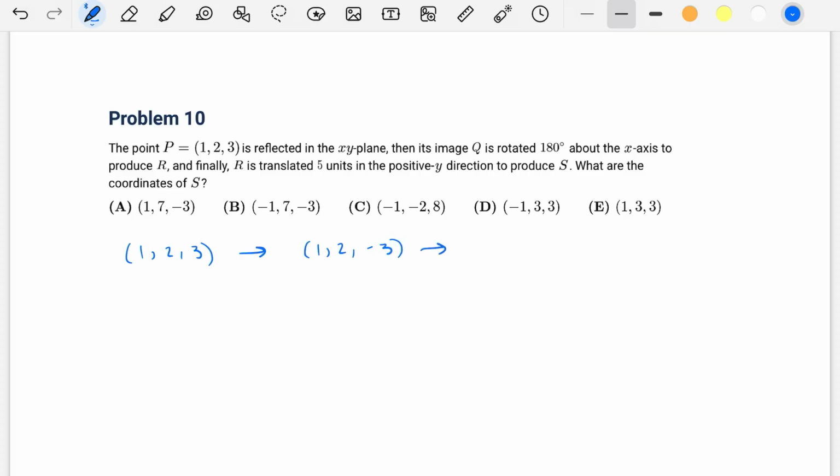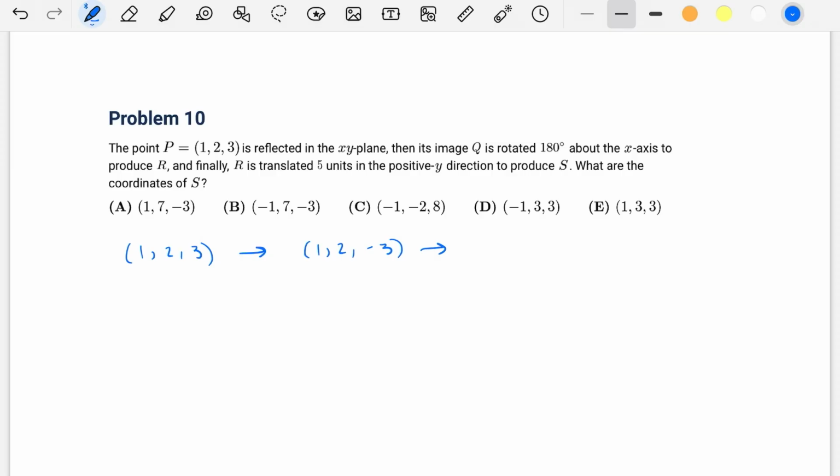Then it says we rotate 180 degrees about the x-axis. So personally, I don't work a lot with 3D coordinates, so I like to think about the equivalent of this in 2D.